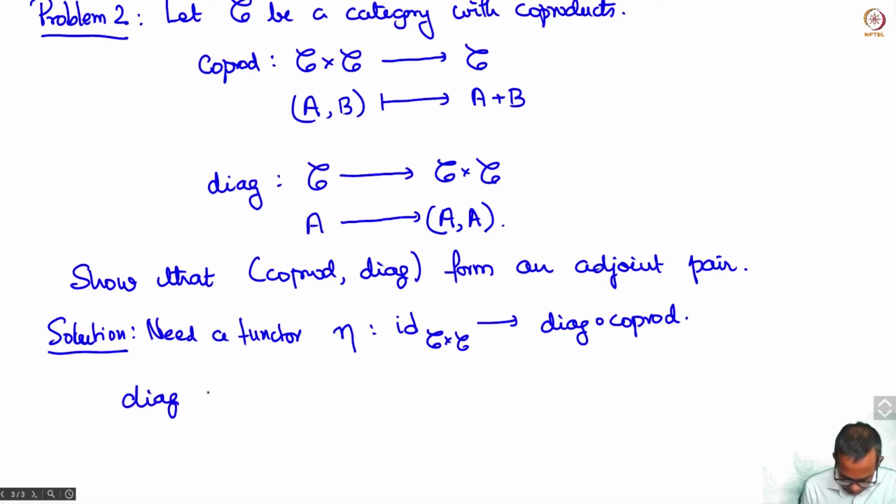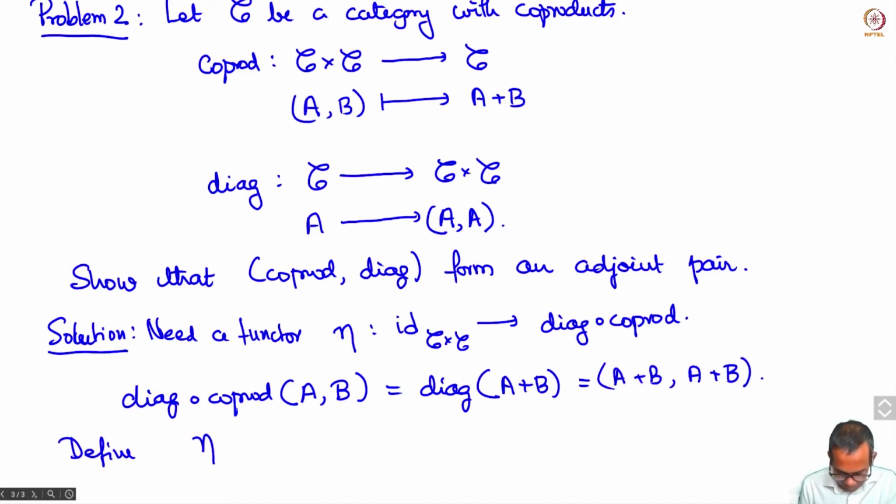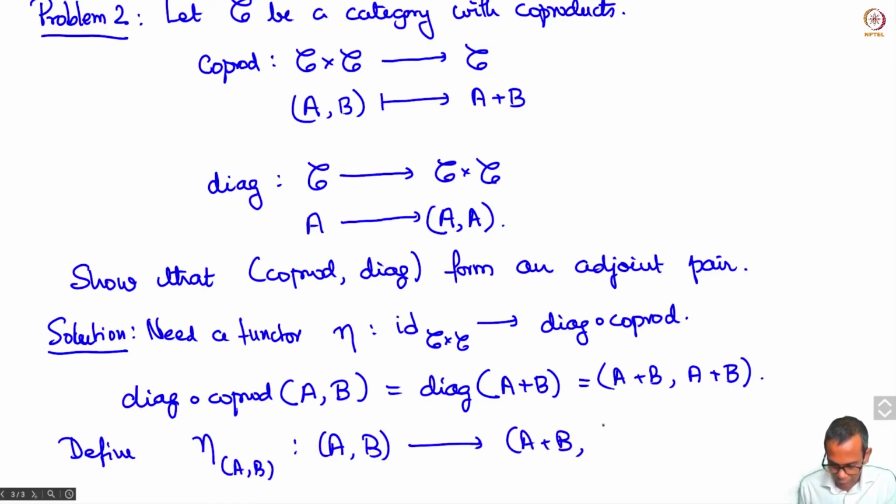It is a functor from C cross C to C cross C. So we will give it an input of two objects from C. Now coprod takes this to A plus B, and then diag takes it to A plus B, comma A plus B. Okay, so what we need is eta A comma B, an arrow in C cross C from A comma B to A plus B, comma A plus B.